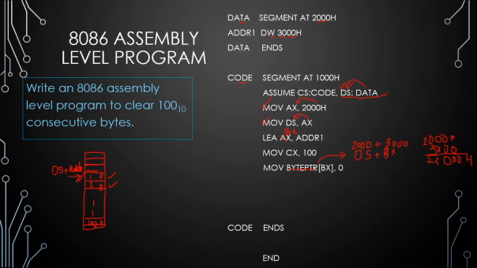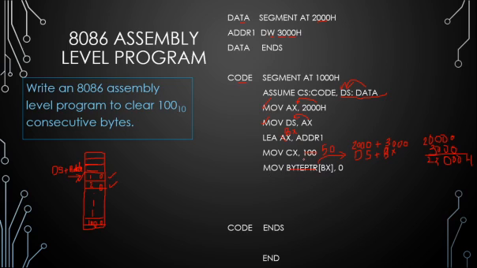Instead of this, we can omit this also. Okay. So then what will happen? The 2 bytes will be taken together. So in that case, we need not count up to 100. We only need to count up to 50, because at a single time itself 2 bytes will be taken up. So 50 into 2 means 100 locations will be taken up.